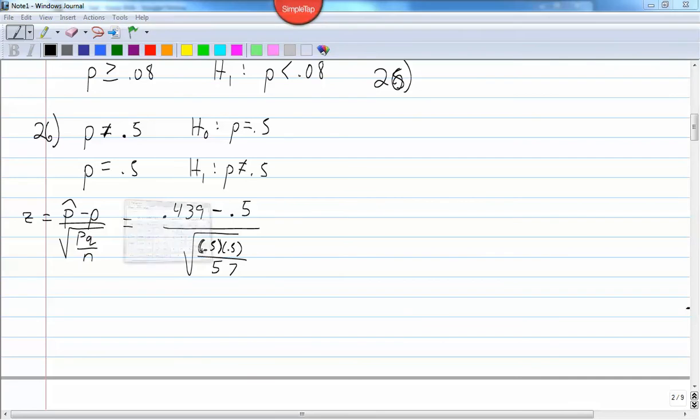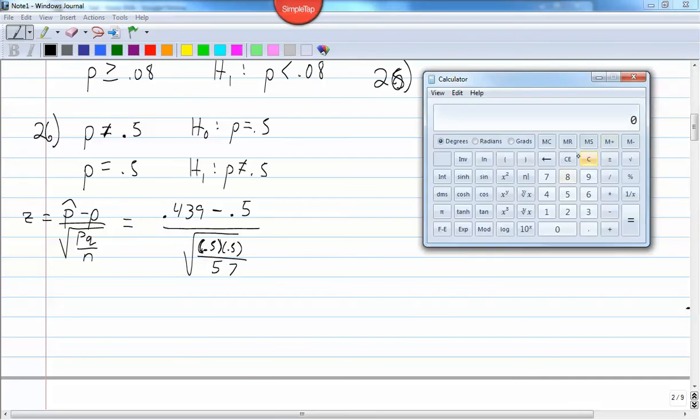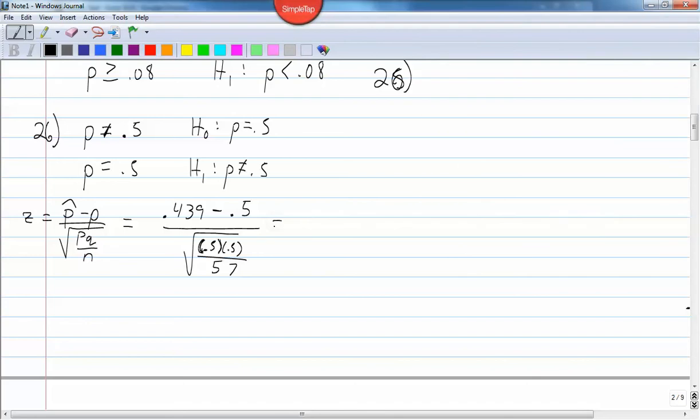So we'll break out the calculator. What I'm going to do is work out the numerator first and write that down. So that's negative 0.061 over, and now I've got to figure out what that is.